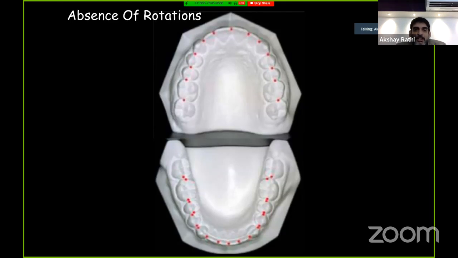If a posterior tooth is rotated, it occupies more space in the arch and it causes an interference in the cusp to fossa relationship when the upper and the lower jaws come in contact with each other. So ideally, we would want the dentition which does not have any rotations.